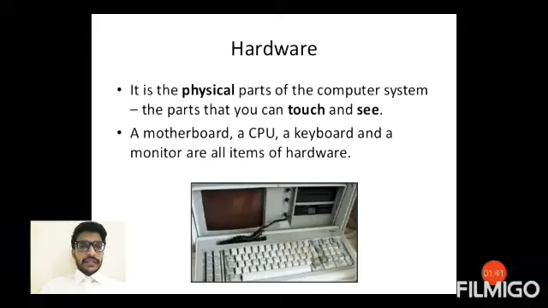A motherboard, CPU, keyboard and monitor are all items of hardware. Generally, hardware is a term used to describe physical articles of a technology.